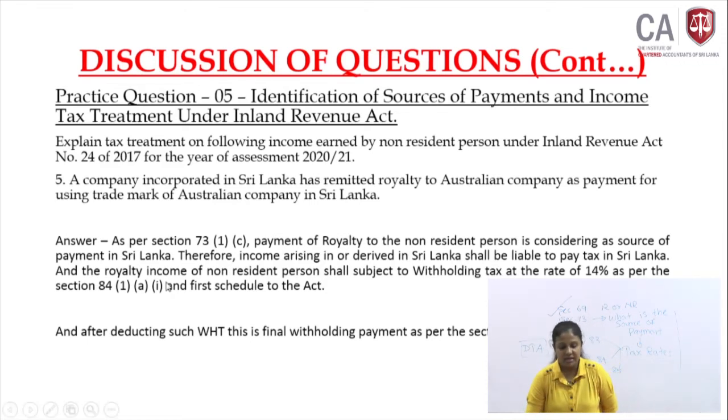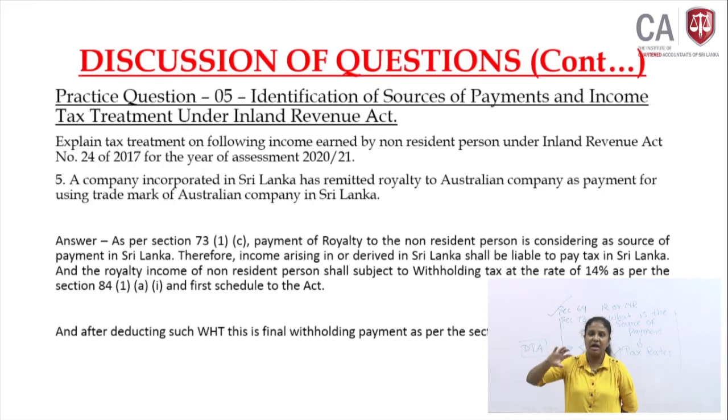A company incorporated in Sri Lanka has remitted royalty to an Australian company as a payment for using the trademark of the Australian company in Sri Lanka. I am a company incorporated in Sri Lanka and I am using the trademark of the Australian company.